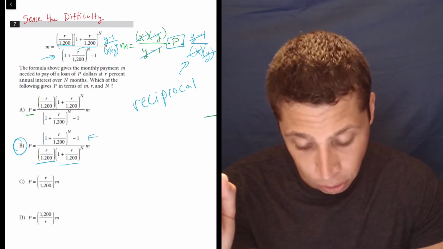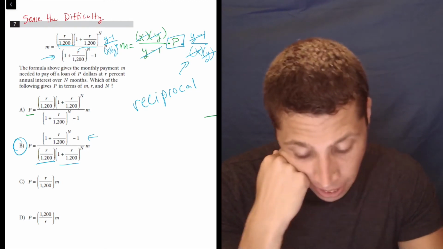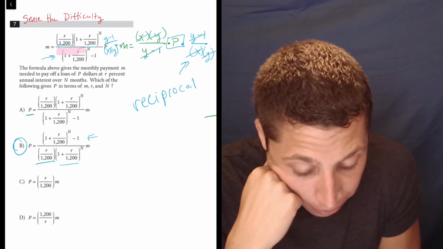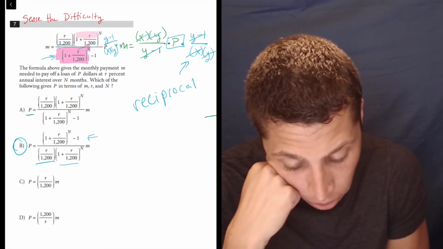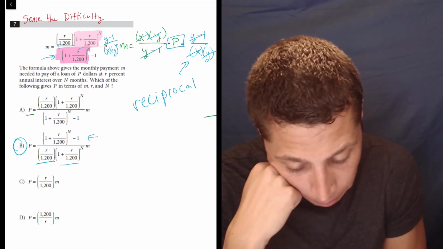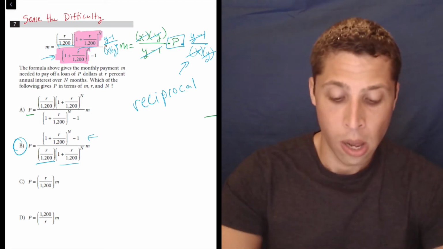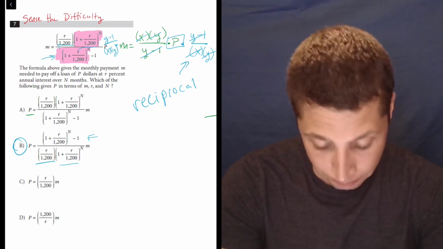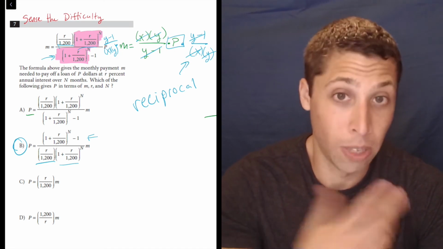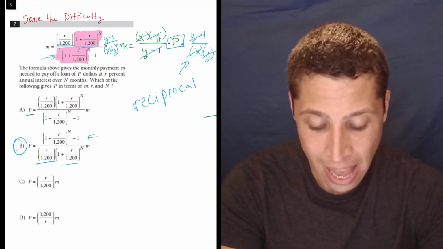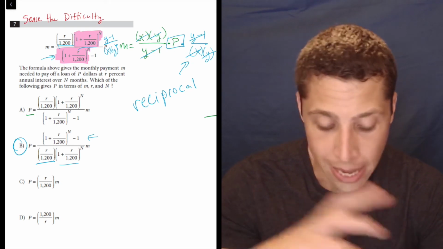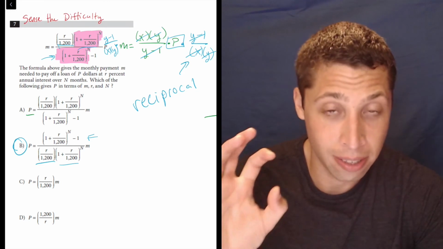What they like to do, I'm going to use the highlighter here, is they like to eliminate this term with the term above it that looks exactly the same. So 1 plus r over 1200 to the n. And they say, oh, okay, if it's on the top and the bottom, we get rid of it, right? I just said that when I was describing the reciprocal. The problem is that they're not actually the same.